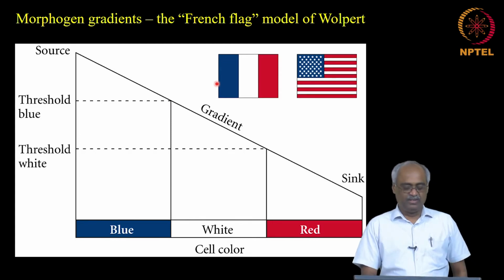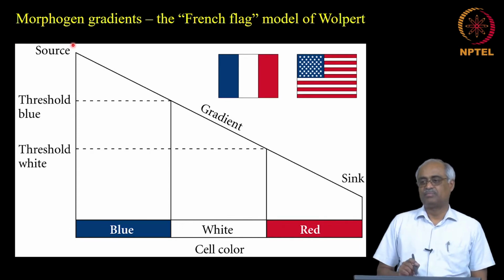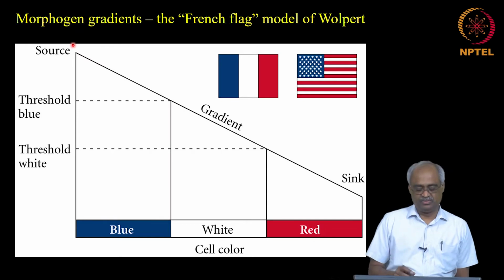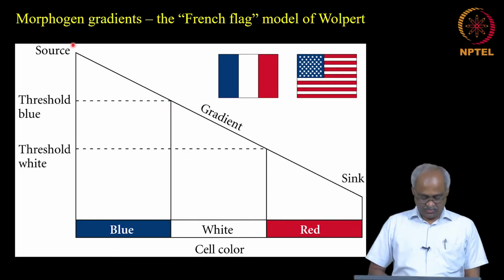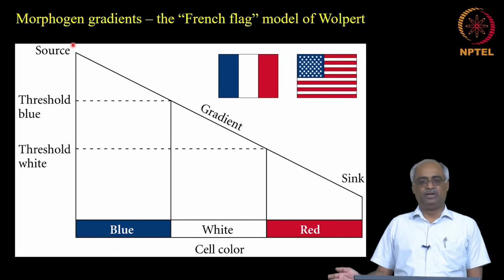So the key word before we even start is this word morphogen. Morphogens are molecules whose activity is directly dependent on their concentration. So at different concentrations they will have different effects.